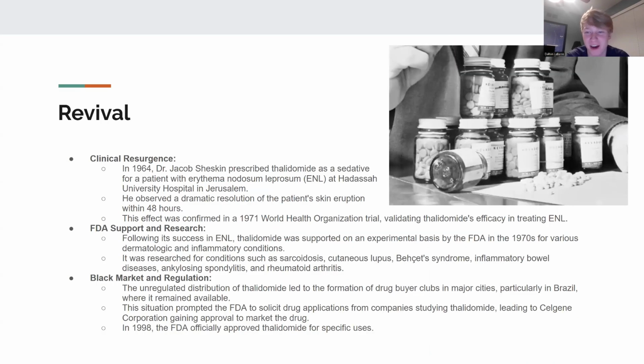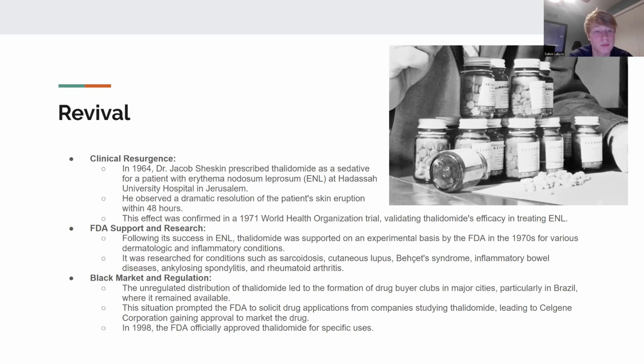And next is the revival of thalidomide. So after it was taken off, it was still around illegally in many developing countries. So in 1964, Dr. Jacob Sheskin prescribed thalidomide as a sedative for a patient with a type of leprosy.